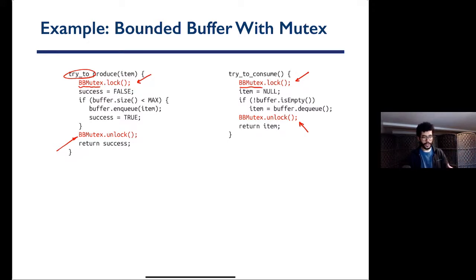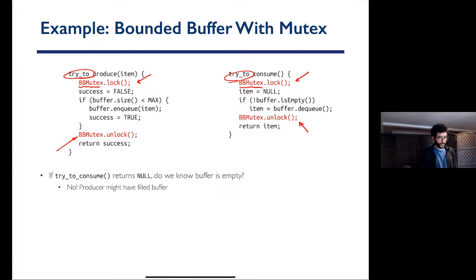So the item is initialized to null, and then we check if there are items in the buffer. So if the size is not empty, then we dequeue and we return. And again, note that I have try to consume. So if this is successful, meaning that if there are items on the queue, then it returns one of them. And if it's empty, then it returns null.